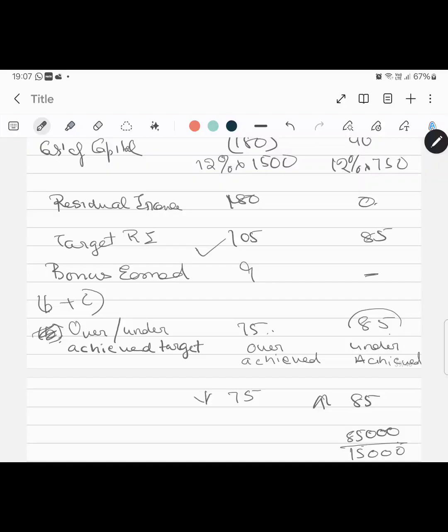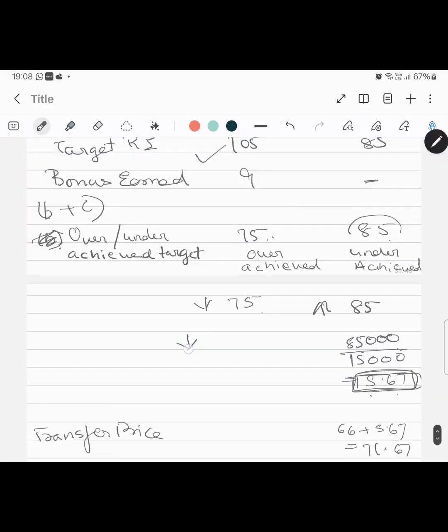It has already achieved, but if the transfer price is increased by FD, a certain amount of residual income for TM would get declined. So what is the maximum extent to which TM can accept that decline? That decline can be up to 75,000 only. So it can accept a decline of 75,000, and per unit that would be 75,000 divided by 15,000, so it's 5.